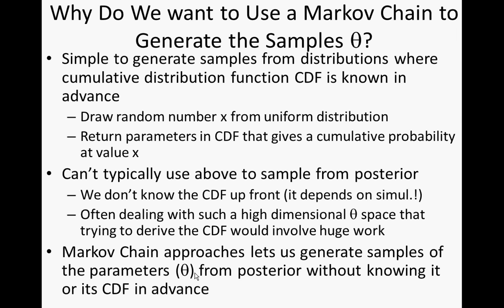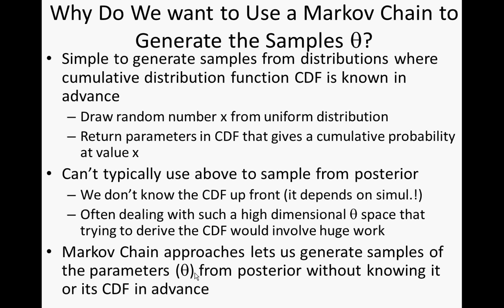And given that, if we have an analytic specification of the CDF, the cumulative distribution function of a given distribution, we can use this trick to sample from the underlying distribution. We can use the CDF to draw values from the underlying distribution.